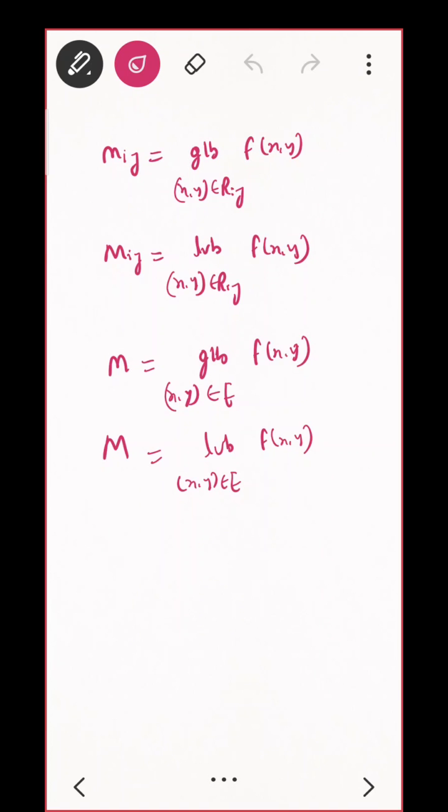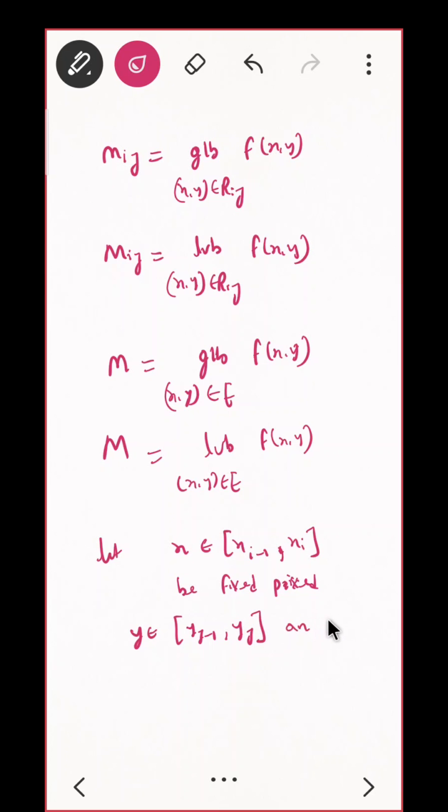Okay, so these are the definitions. So let me start with that. Let us take any point. Let x belong to Rij, I am taking any point x in x(i-1) to xi, a fixed point. Suppose I fix x. Why I am fixing it, you will understand now. So I have fixed this one, and y take any, y belonging to y(j-1) to yj, an arbitrary point.